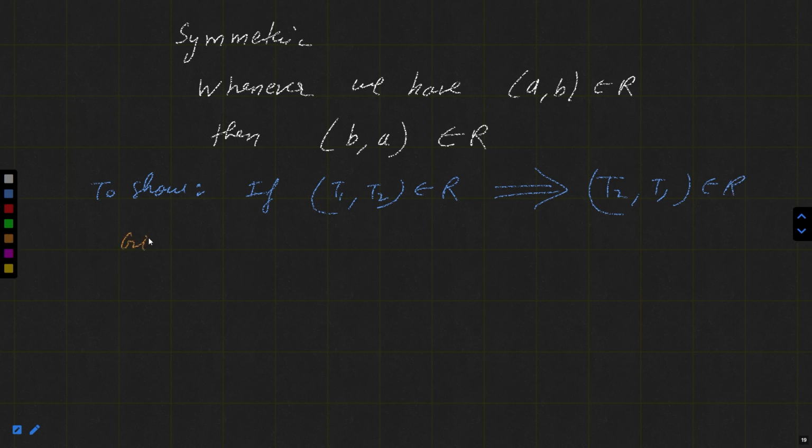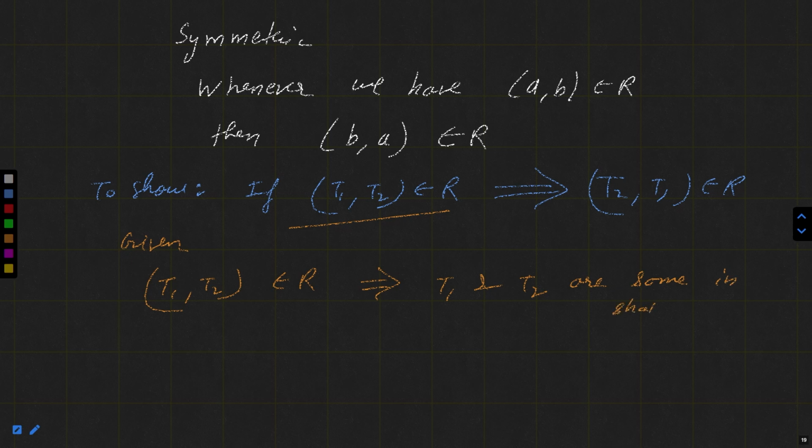So the given information is that T1 comma T2 belongs to the relation R. This means that T1 and T2 are the same in shape and size. This means T2 is also the same in shape and size like T1.